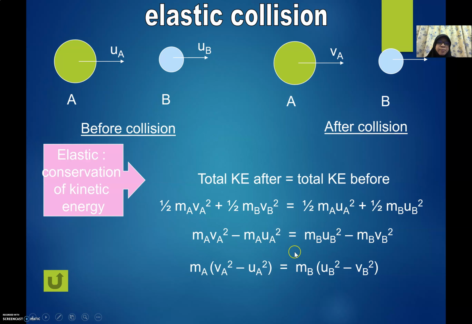And then we factor out MA in bracket VA squared minus UA squared, equals factor out MB in bracket UB squared minus VB squared. So we simplify the equation, the expression becomes like this, and this is called equation 2.